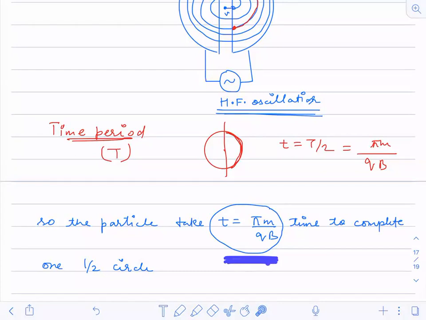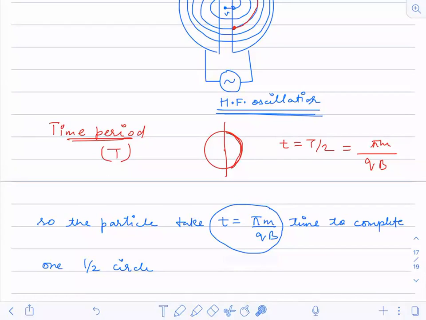So there is not a problem now, that I have a constant time after which the particle has to change its polarity in the D.